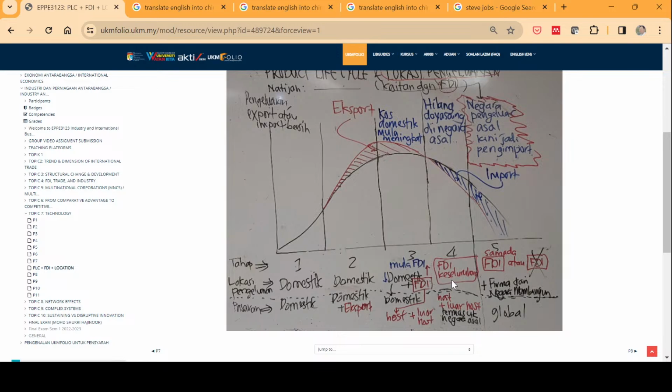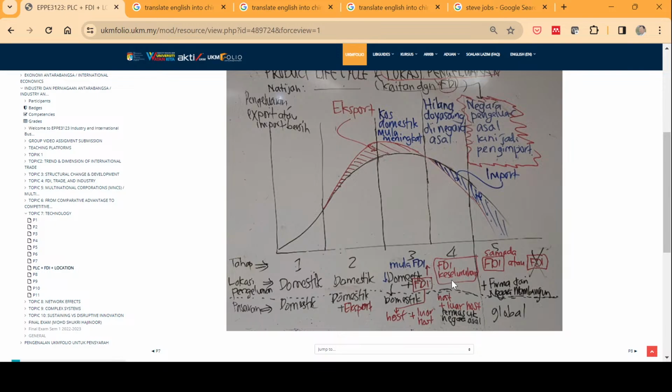Where's the market? The market now is the host country plus outside of the host country, and also importing. So now you see import. This is the production, this is the consumption, this is import.